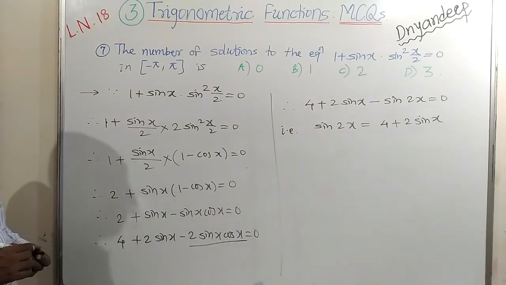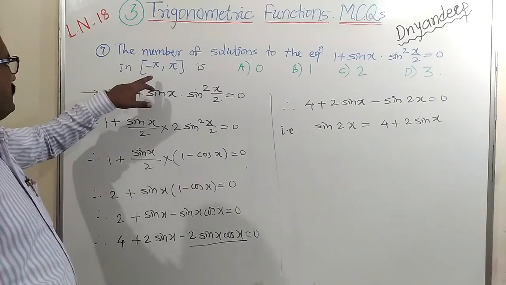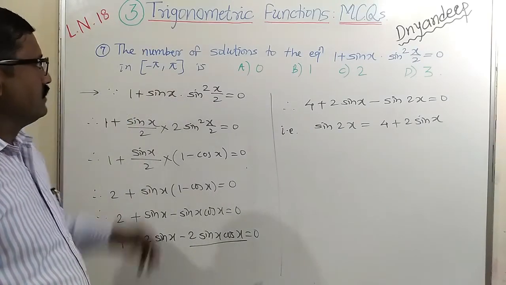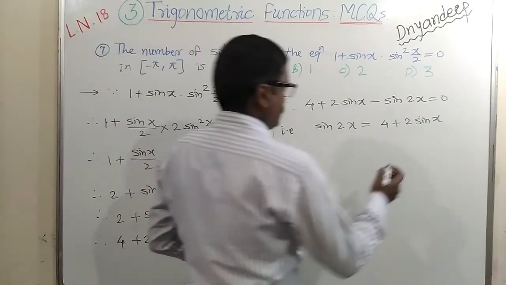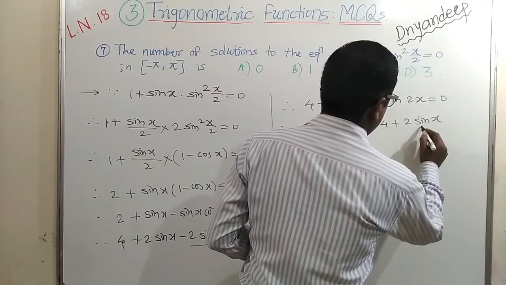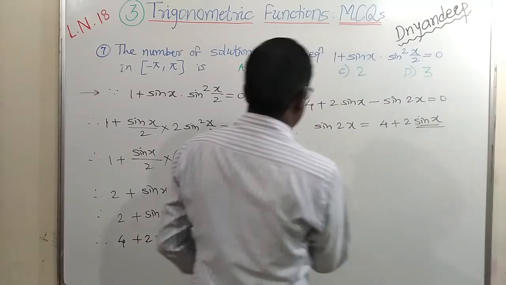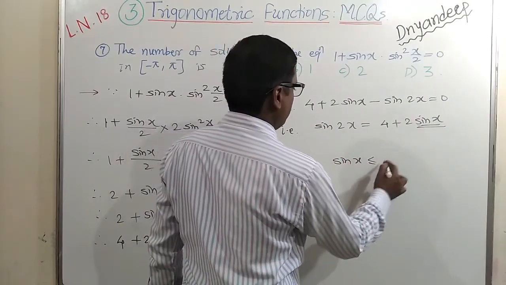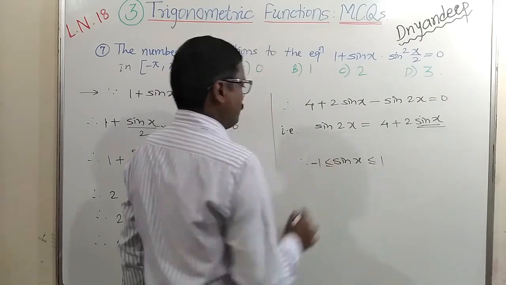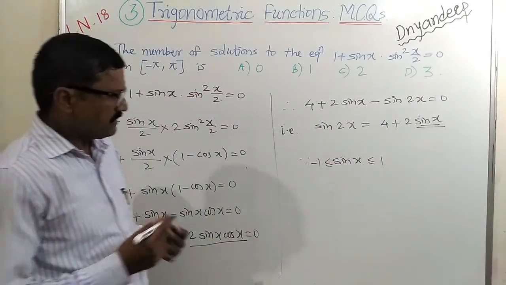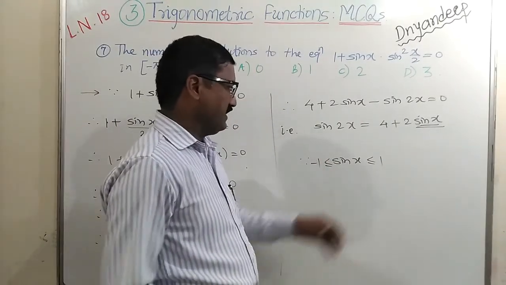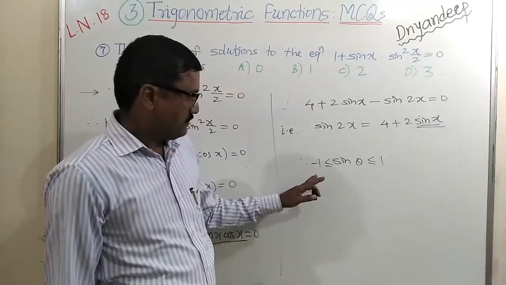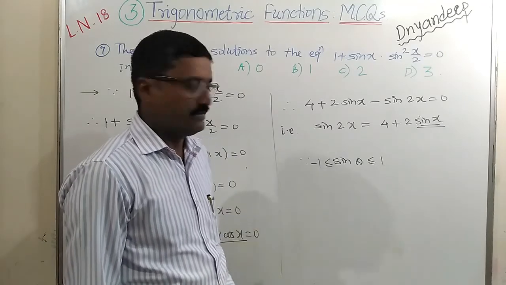At this stage, we can think that x is given from minus pi to plus pi. Since sin x has boundaries of minus 1 to 1, for whatever angle, sin theta is always from minus 1 to plus 1.